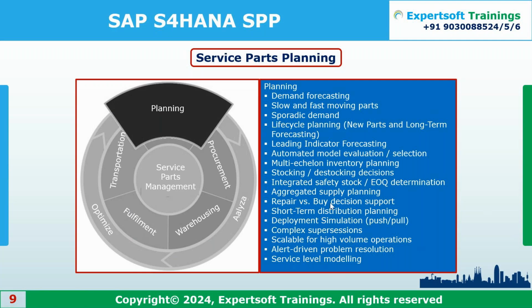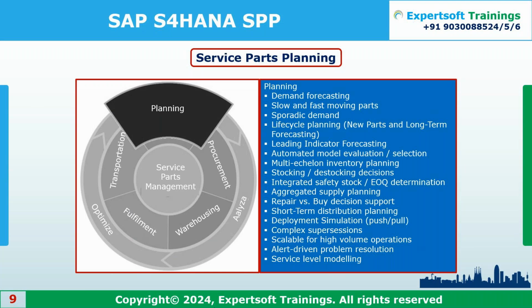Aggregate supply planning is where we can take all those demands from the lower locations, like child locations, as well as intermediate parent locations, to the BOD entry points. There are also other things, like deployment simulations, short-term distribution, and complex supersessions.